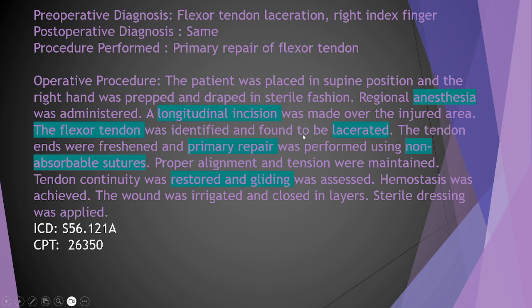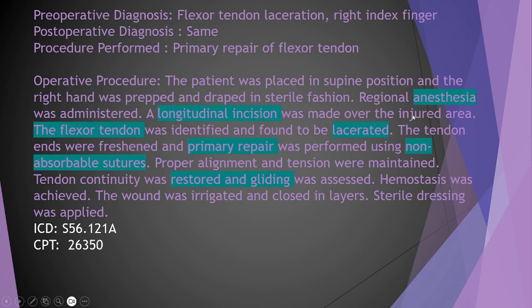So I will show you a tendon repair example, one op report. Here is the pre-operative report. The diagnosis is flexor tendon laceration of the right index finger. The post-operative diagnosis is also the same, and the procedure performed is primary repair of the flexor tendon. So what does the operative report say? The patient was placed in supine position and the right hand was prepped and draped in sterile fashion, and anesthesia was administered.